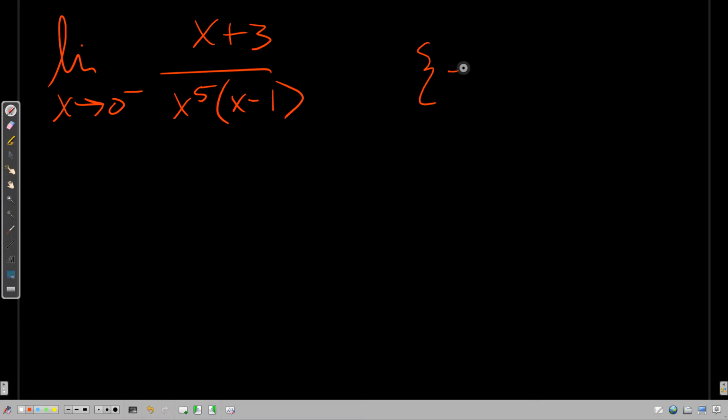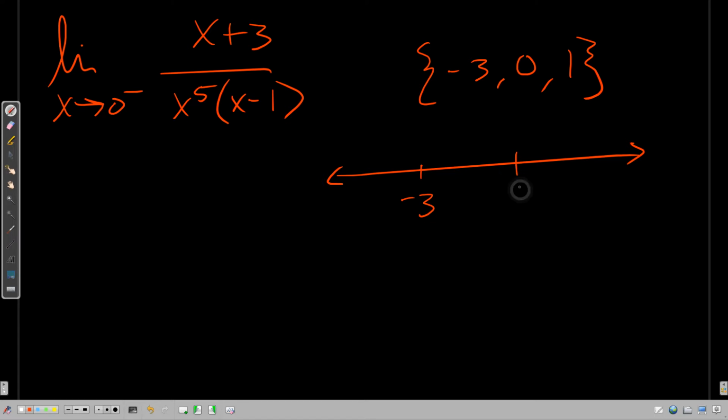My partition points are minus 3, 0, and 1. Really, I don't even need to find the behavior of this thing in every interval. I really only need to know how it behaves in this interval, because that is the interval that approaches 0 from the left.